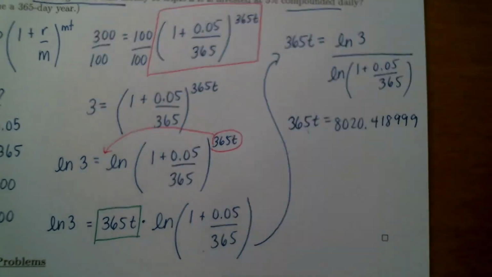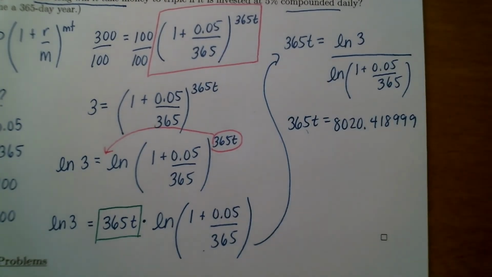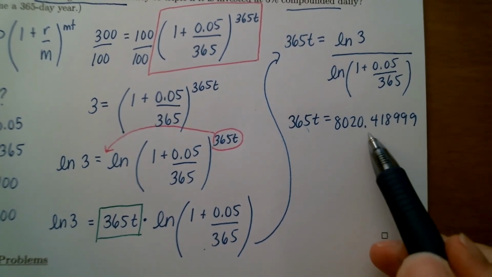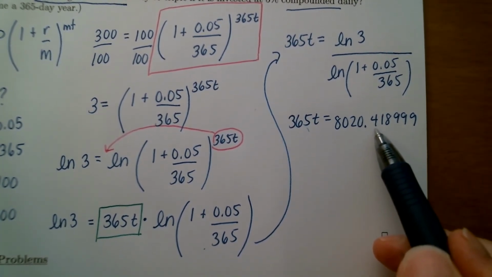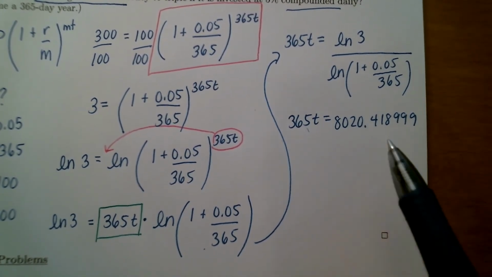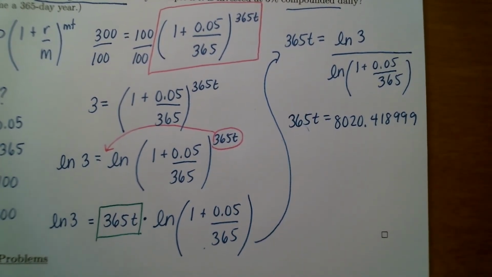So if we go back and look at this decimal, we need to round this up to the next whole number. Now, after the decimal point, there is a 4. So typically, this should stay 8,020, but for time, you're always, always, always rounding up no matter what, okay?